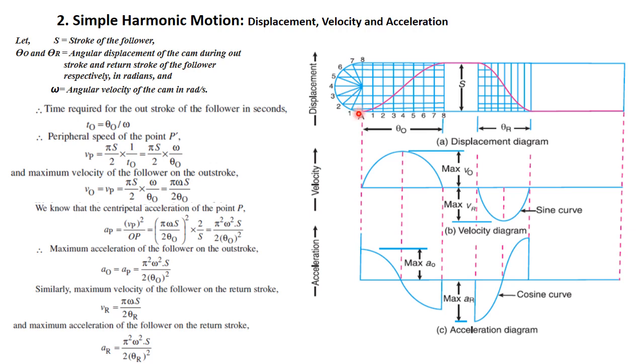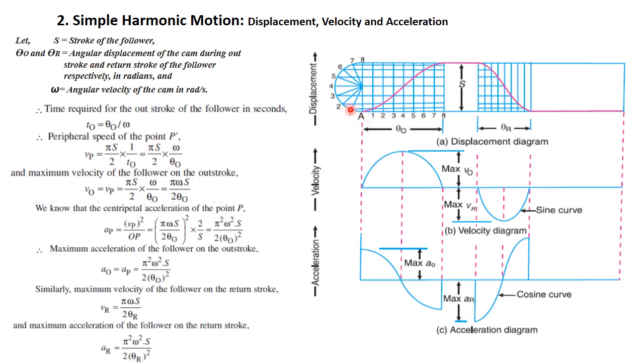And through these divisions on the angle theta 0 and theta r, we take vertical lines at every instant and project points made on the circumference of the circle horizontally to the respective lines.